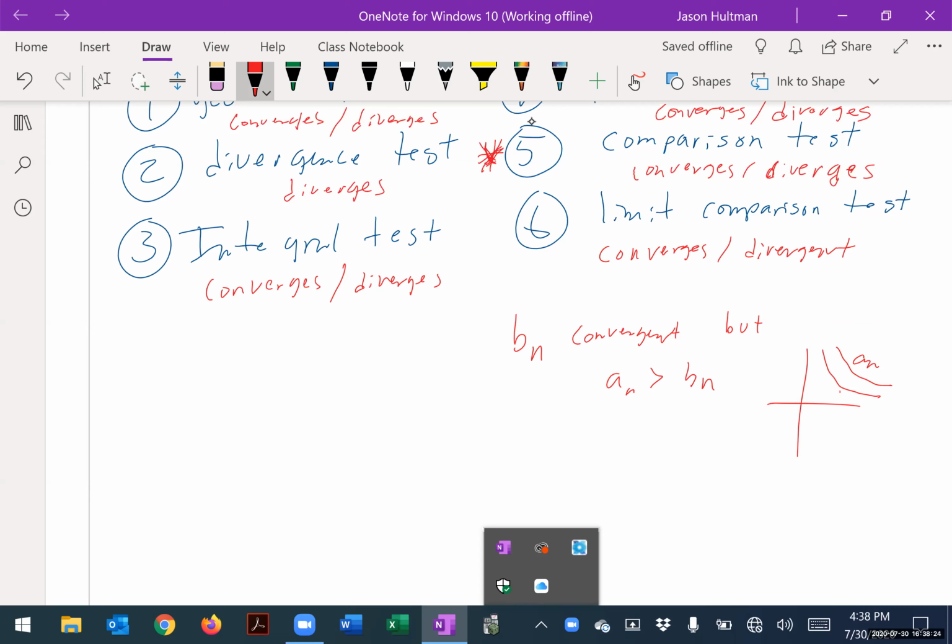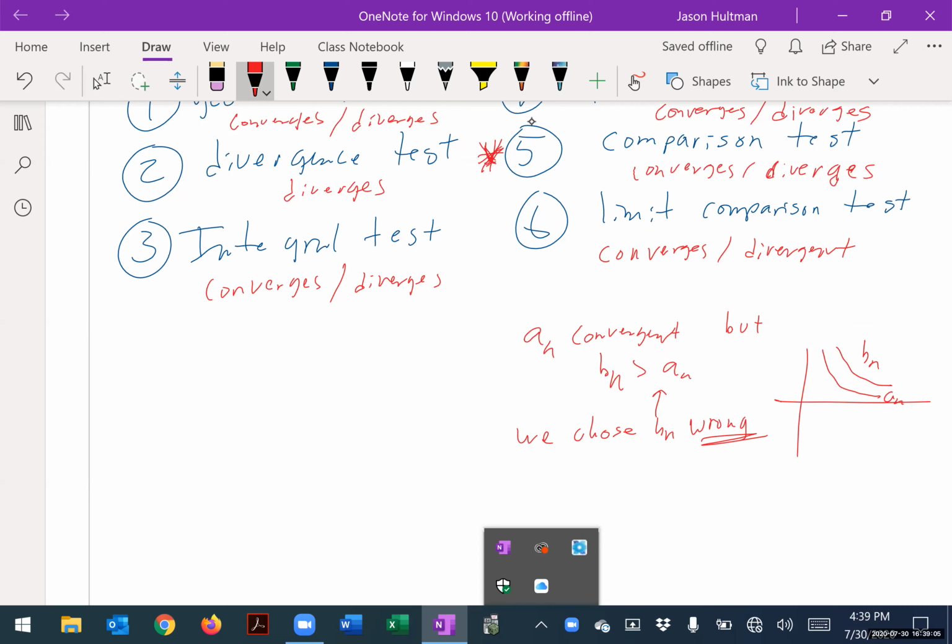Nothing. It has to be less than. If the inequality is backwards, then we chose wrong. Let me reverse these to keep it consistent with the notes. If a sub n is convergent, but b sub n is greater than a sub n, then we chose b sub n wrong.